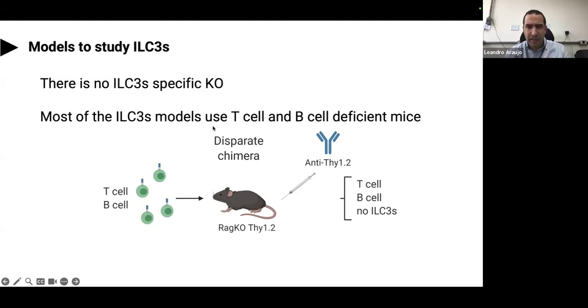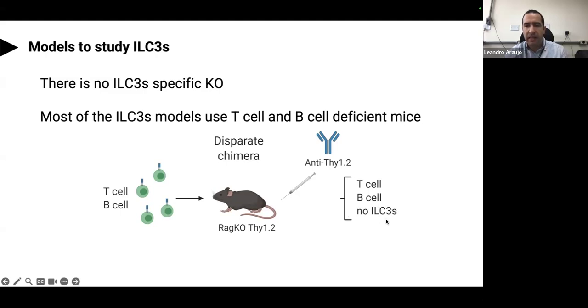So basically, one of the classical models we use is a depletion antibody against Thy1.2, and we use RAG mice as recipients. We deplete these ILC3s and we transfer T cells and B cells carrying a congenic marker like Thy1.1 into these mice, so you have T cells and B cells, but you don't have ILC3.